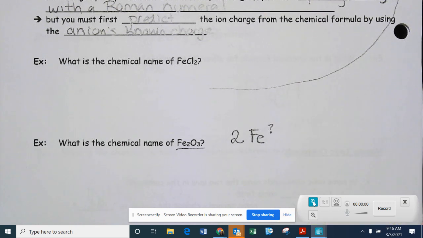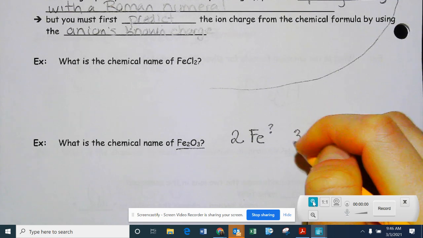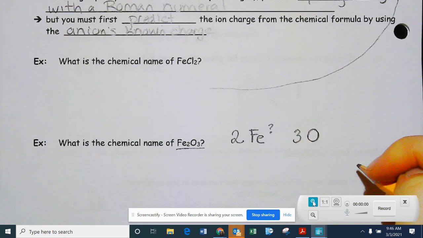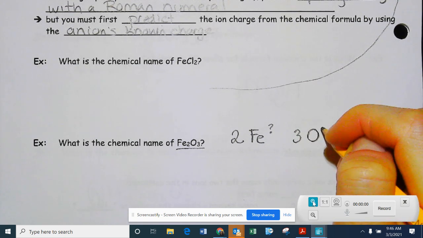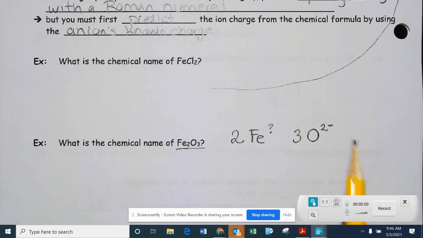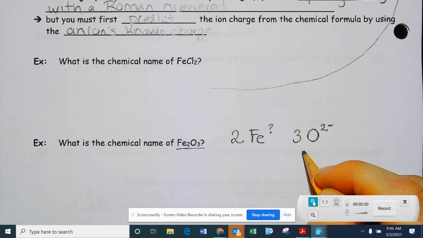I've got 2 irons though. And I've got 3 oxygens, and oxygens have a charge of what? 2 minus. Awesome.